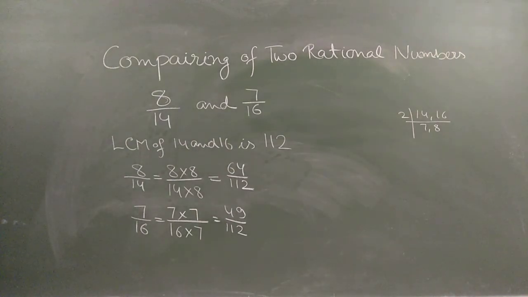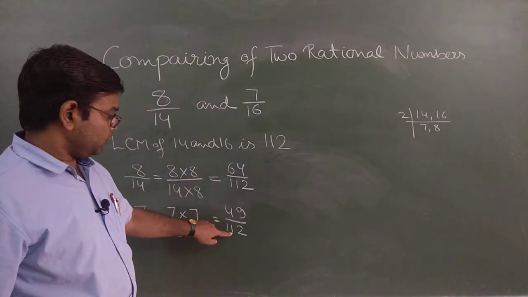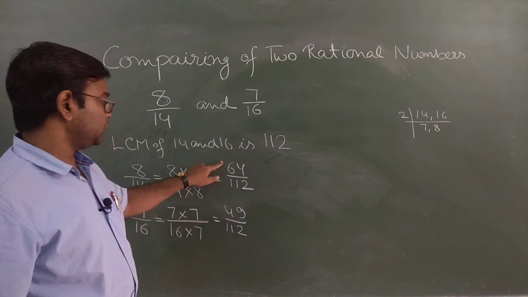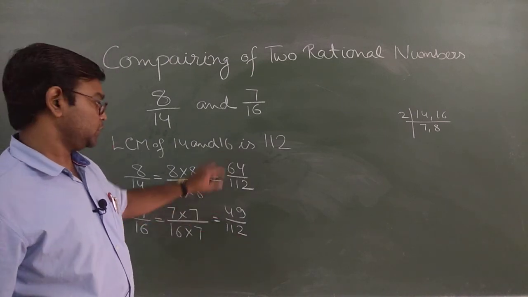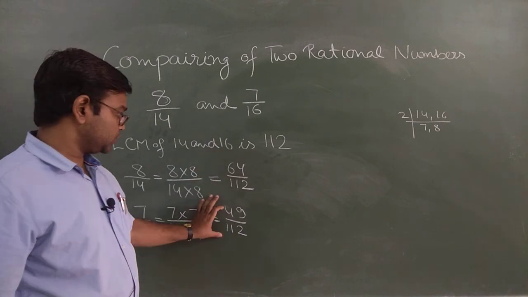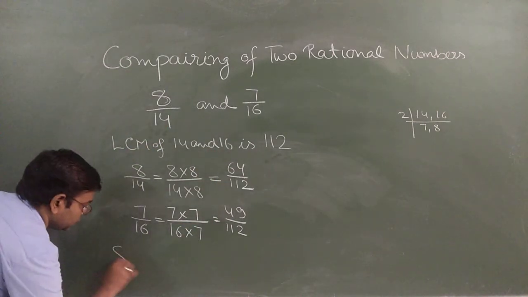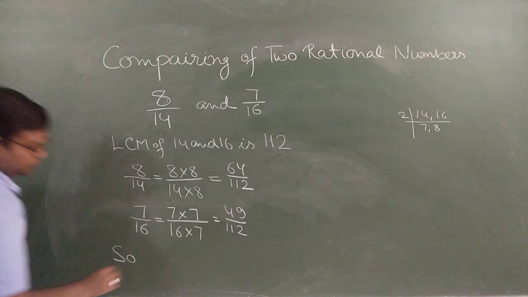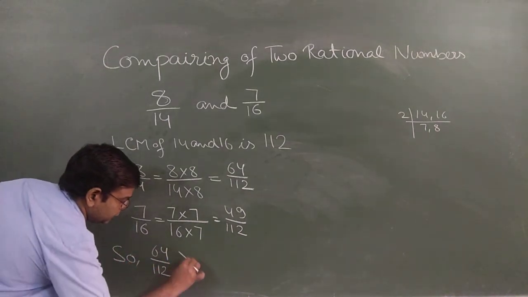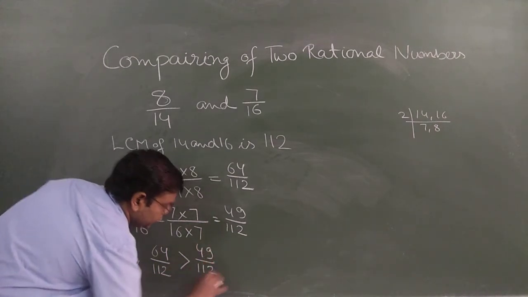Now from these two rational numbers, the denominator is the same, so ignore it. Check the numerator, which one is greater? 64 is greater, so this rational number is greater than that one. So we can write 64 upon 112 is greater than 49 upon 112.